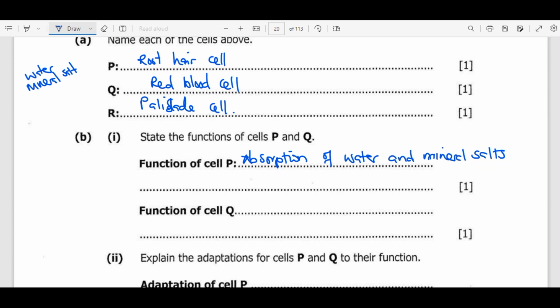That is the process by which water and mineral salts are absorbed by the cell.